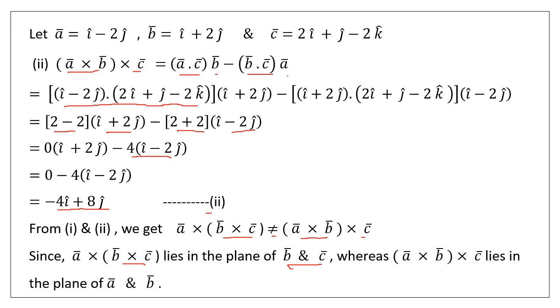See, the bracketed quantity is B cross C. So this expression lies in the plane of B bar and C bar. Whereas (A bar cross B bar) cross C bar lies in the plane of A bar cross B bar, which is our bracketed quantity A bar cross B bar. So this is the justification of the given expression.